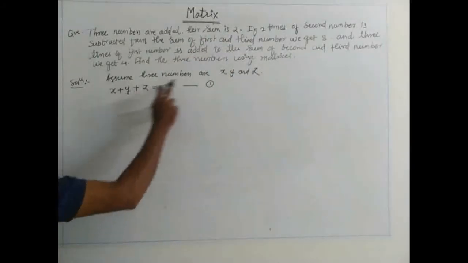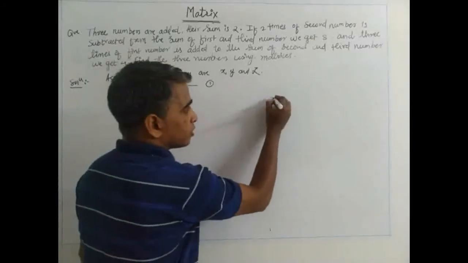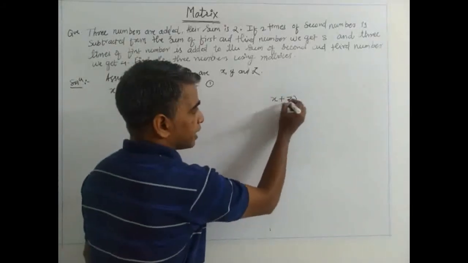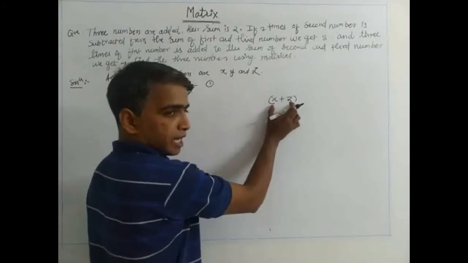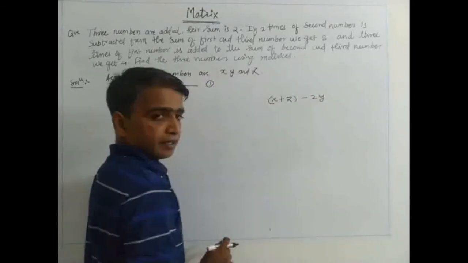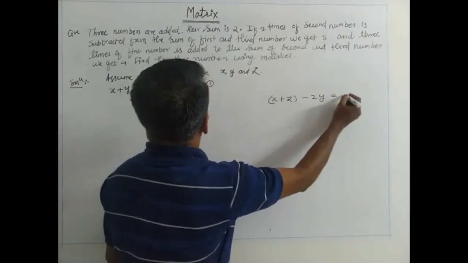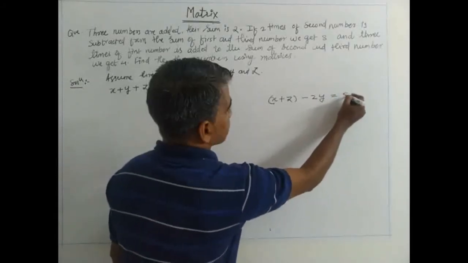It means the first number is x and the third number is z. So the sum of first and third is x plus z. This is one number addition, and the value of the second number, 2y, is subtracted. That is x plus z minus 2y is equal to 8.